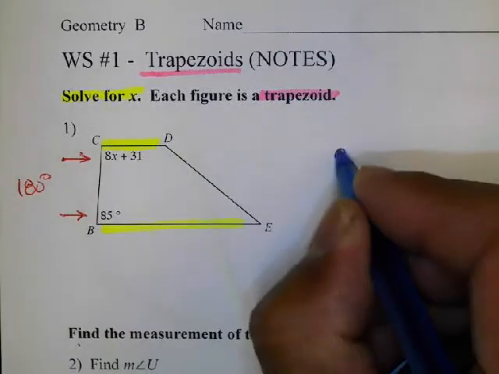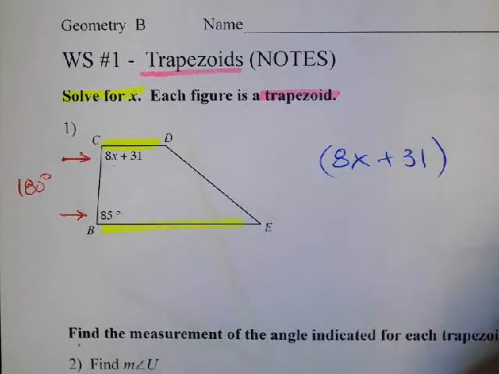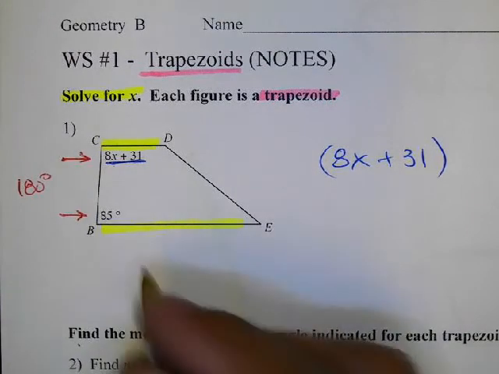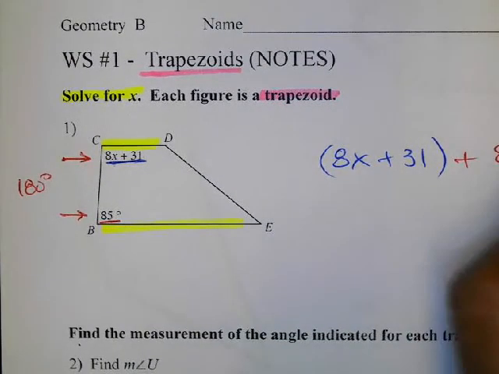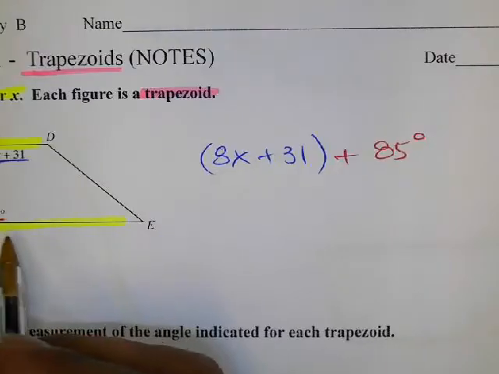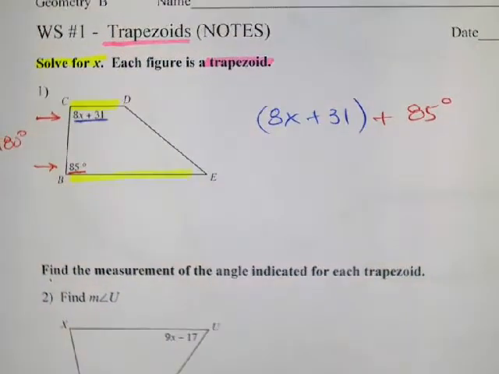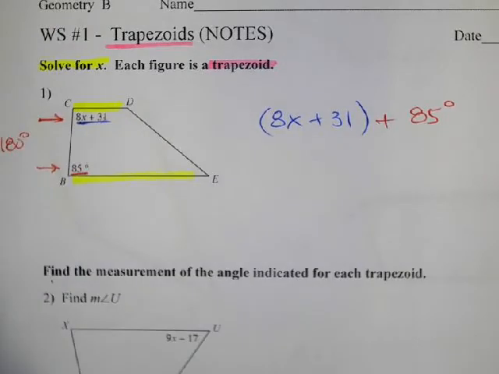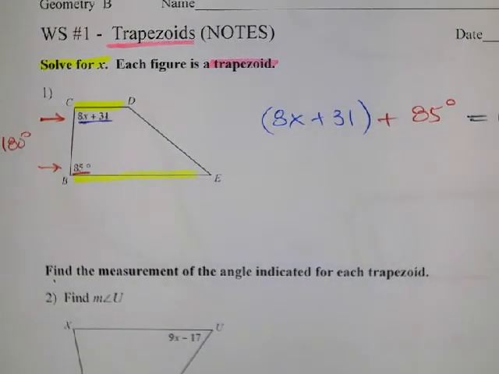So we got the 8x plus 31, which is this one here, plus the 85, this one plus this one equals 180.